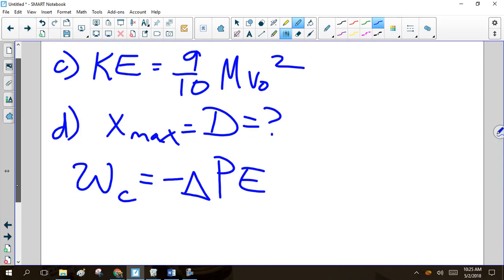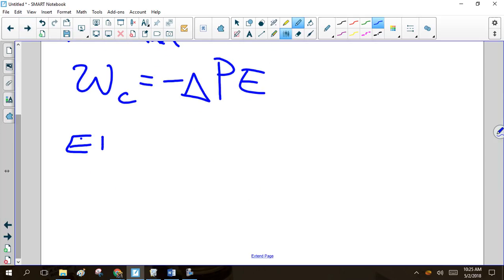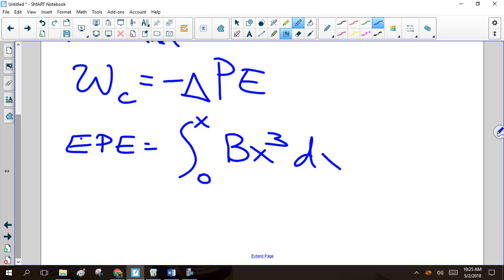So our elastic potential energy should be the integral from 0 to x of b x cubed, right? With respect to x. Follow? So, let's see. What would I have to take the derivative of to get x cubed? What is that, 1/4 x to the 4th? Yeah. So I think we need b over 4 x to the 4th, right? Yeah. And then evaluating between 0 and x is just going to give you that x.